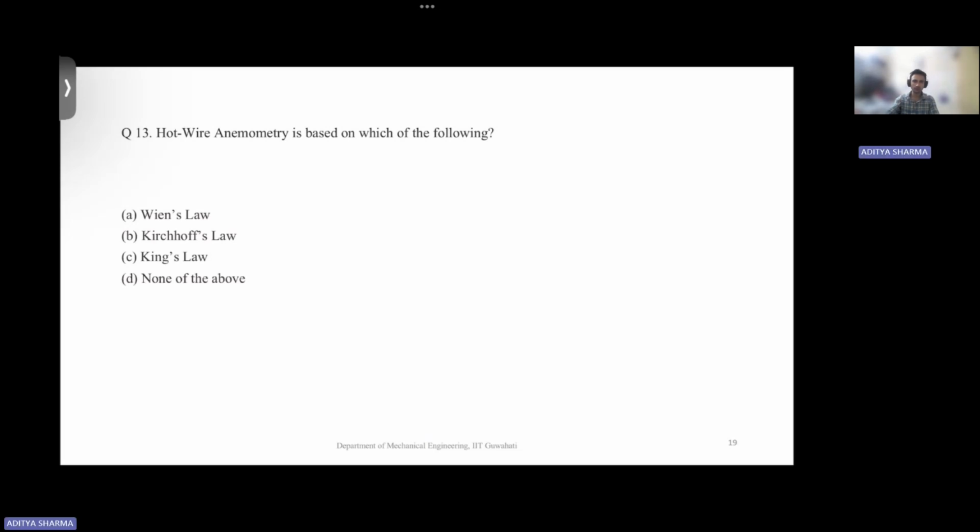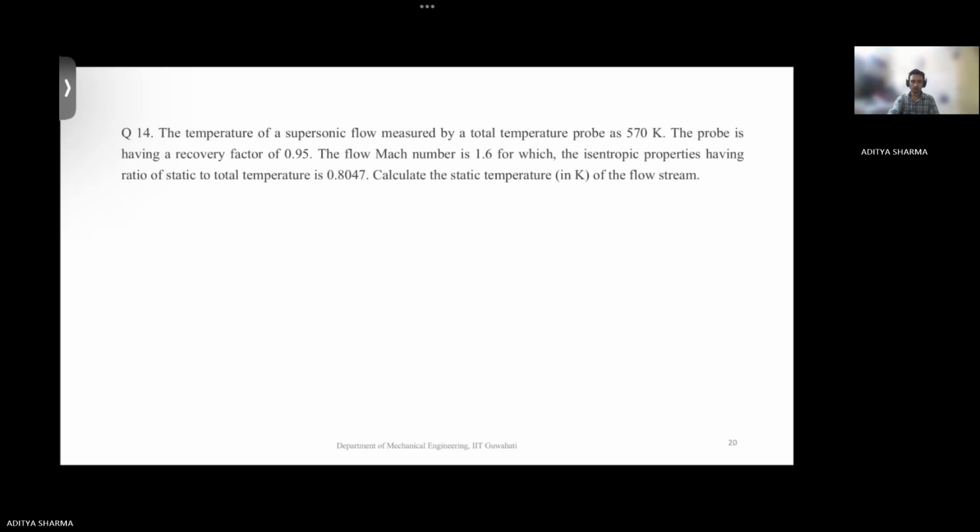This is based on King's law. Question number 13. Then two numerical questions are there. So let's see these questions.